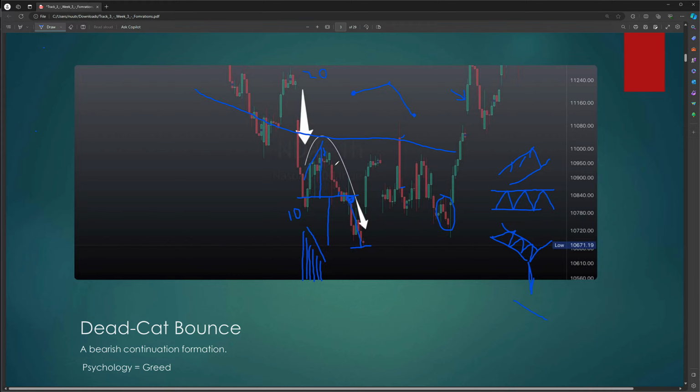So it's really not about me believing it or not. It's about the psychology within this asset, within this time frame, of this particular formation. It lands on psychology. Is it believed or is it not?